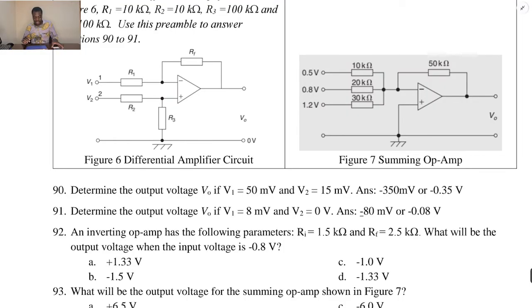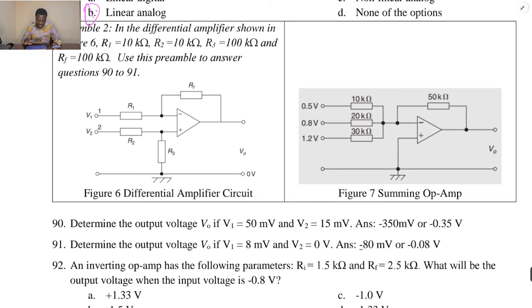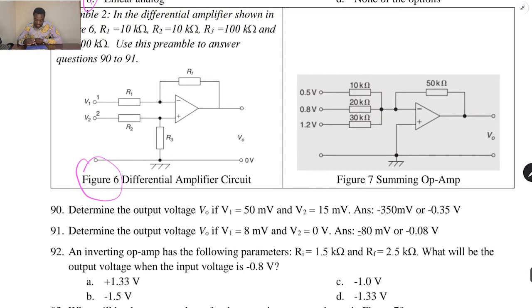Now we look at question 90. So you can see we have a preamble in the differential amplifier shown in figure 6. So this figure 6, we have R1, R2, R3, and then RF. So we are to determine the output voltage if V1 is equal to 50 millivolts and then V2 is 15.